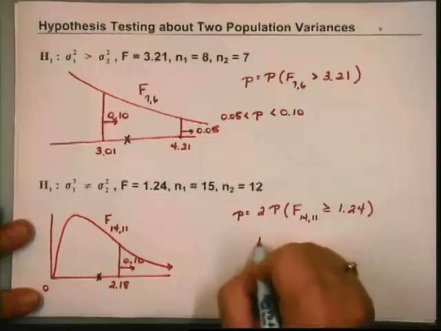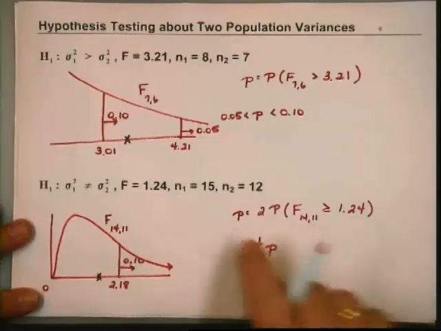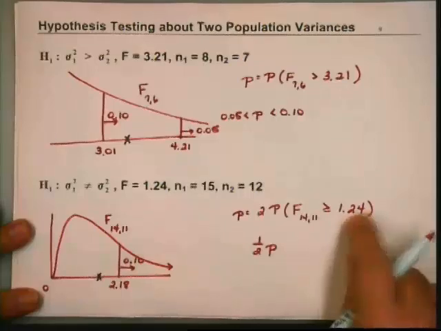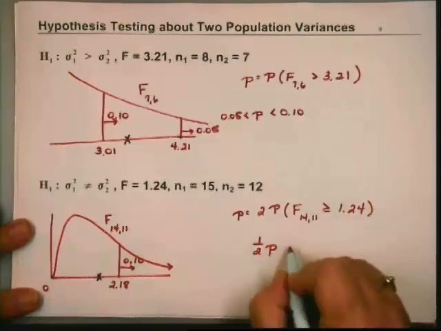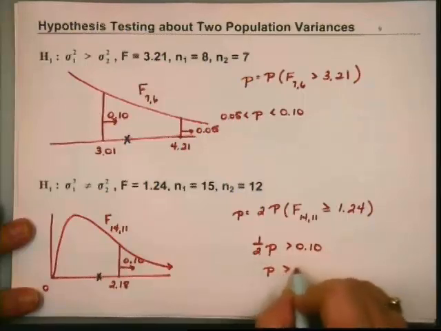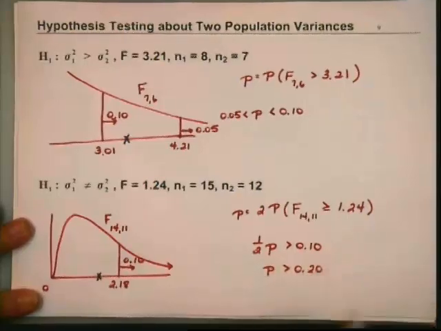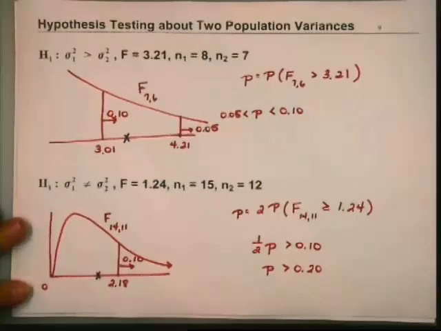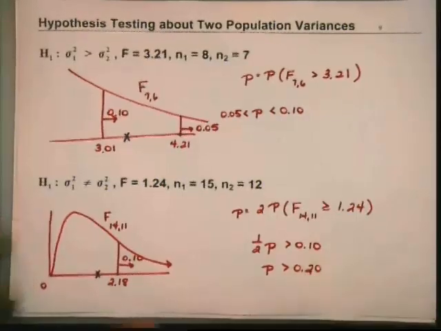So 1/2 p is equal to this quantity, and 1/2 p we know is bigger than 0.10, so that means our p-value is greater than 0.2, and that's the best we can tell. If you wanted to put an upper bound on that of 1, that's fine, but not needed.